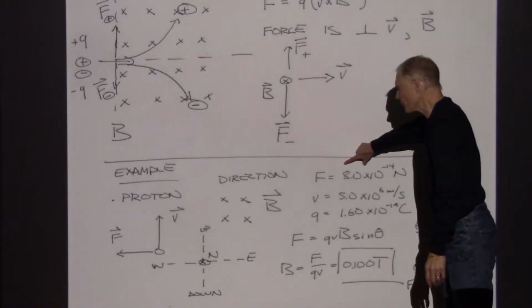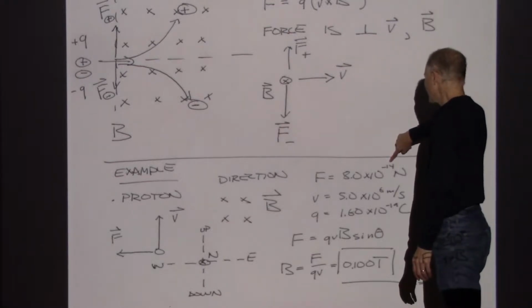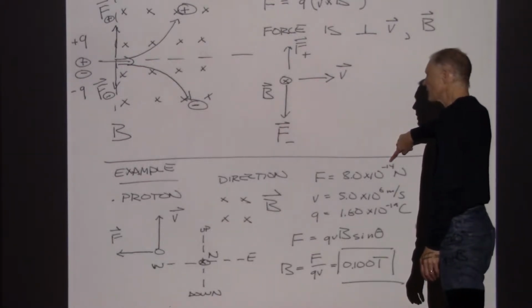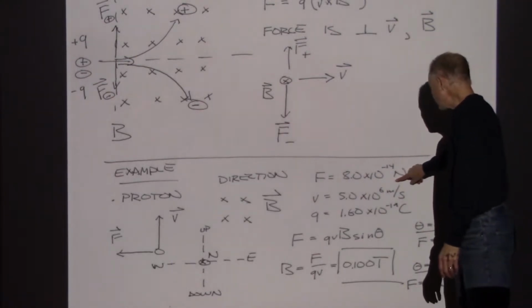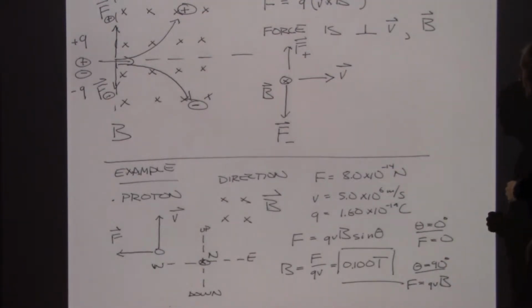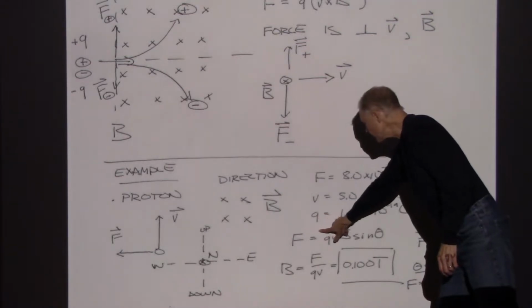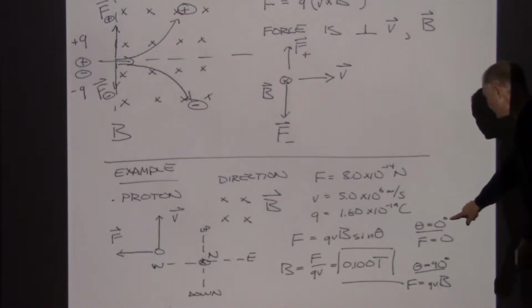So what they're saying is that the protons come through, they experience a force of 8 times 10 to the minus 14 newtons. That's a really tiny force. And they're coming in at 5 million meters per second. That's pretty good speed. And a proton has a charge of 1.6 times 10 to the minus 19 coulombs. So the formula here would be F equals QVB sine theta.